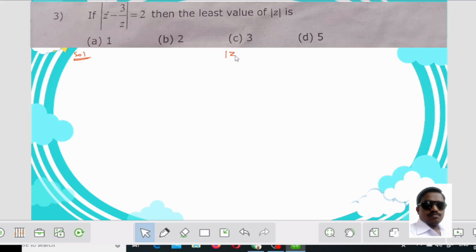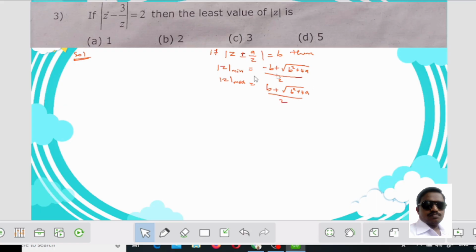Modulus of z plus or minus a by z equal to b, then the minimum value of modulus of z will be equal to minus b plus root of b square plus 4a by 2, and the maximum value of mod z will be equal to plus b plus root of b square plus 4a by 2.